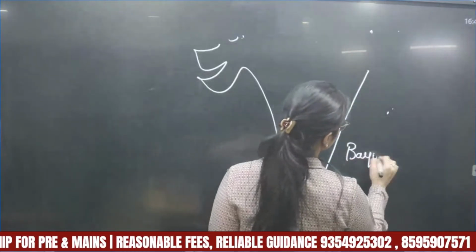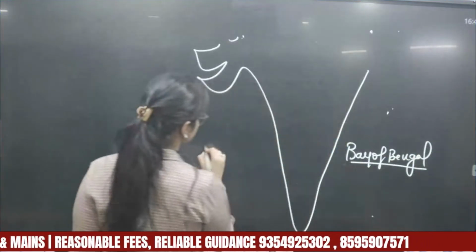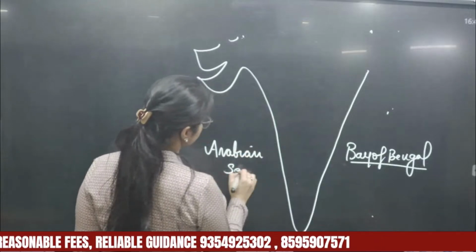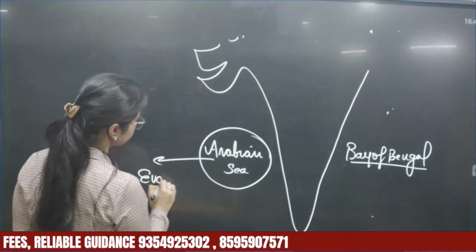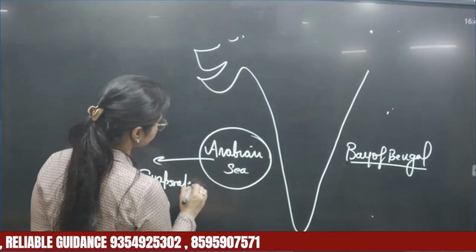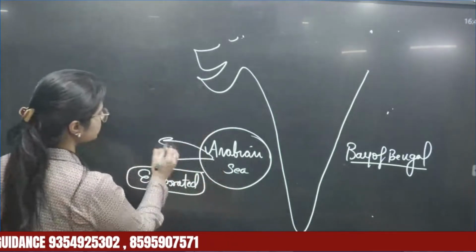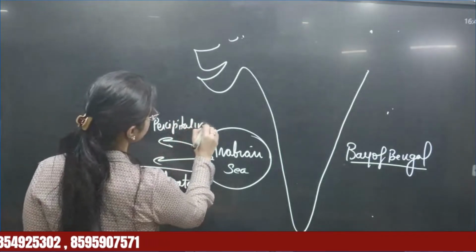Bay of Bengal and Arabian Sea. Now this will get a lot of evaporation, this area. It will be evaporated obviously because of high insolation. Next, precipitation is also going to be there, but the point is the discharge of the rivers is not going to be there.